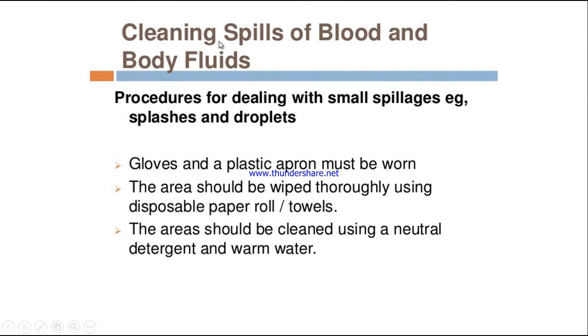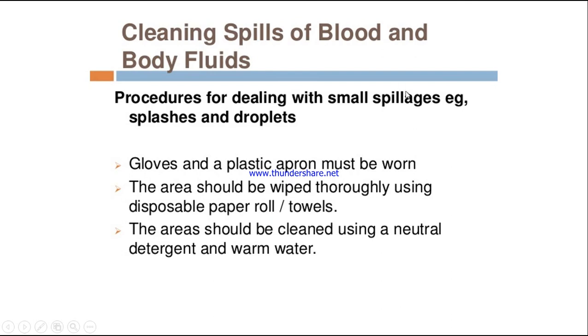Then, if there's any spilling of blood or body fluid, it happens in OT. The blood can spill on the floor or body fluids can spill on the floor. So, in such cases, procedures for dealing with small spillage.